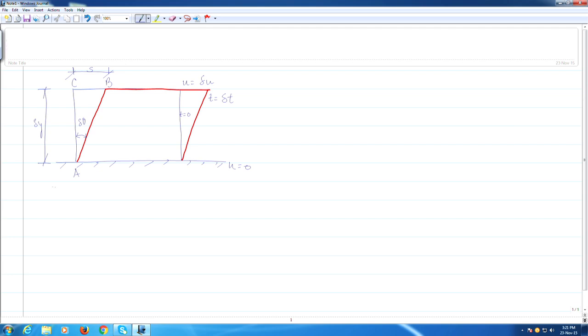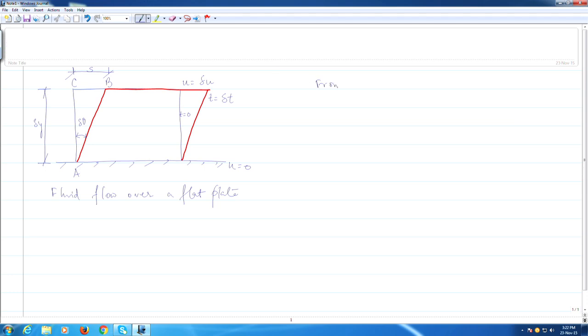Okay, so this is essentially fluid flow over a flat plate. Fine. Now let us look at the triangle. I'm going to write it here.